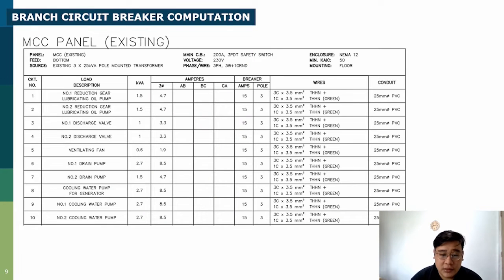So, next, dito sa part na to, ang gusto ko lang i-highlight is itong unang part lang na to. Paano nga ba nakuha yung 4.7 current na to? Di ba nga, katulad dun sa ating formula kanina, para makuha natin yung current is yung kVA 1.5 over voltage which is 230 volts, 230 times square root of 3, tapos yung 1.25 na pasobra natin.